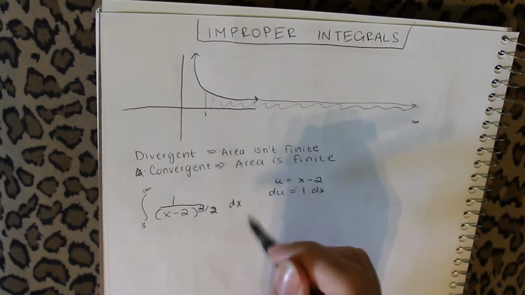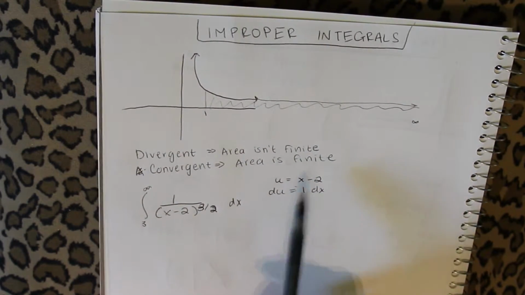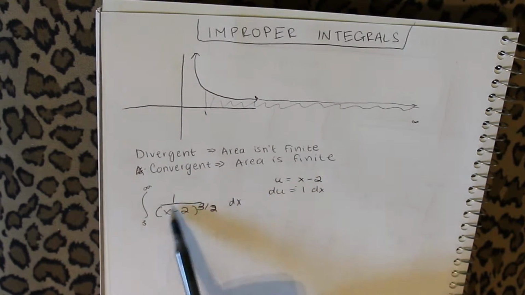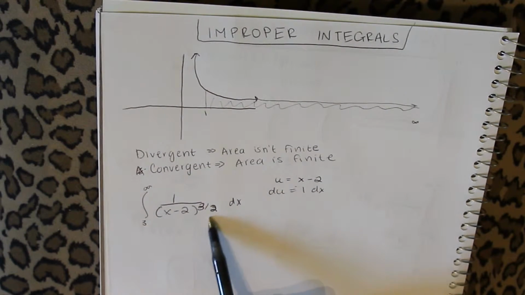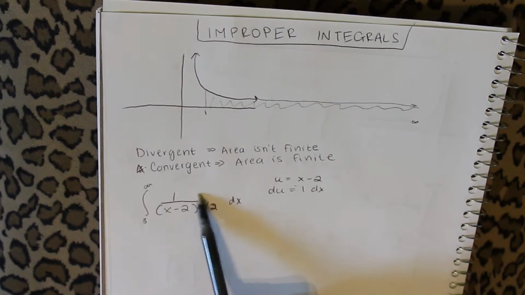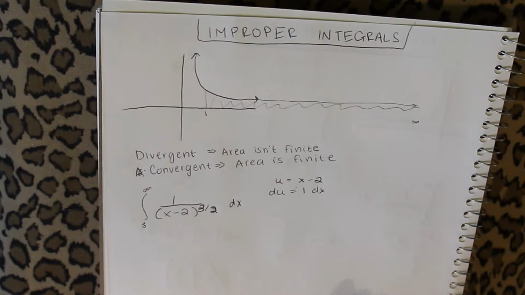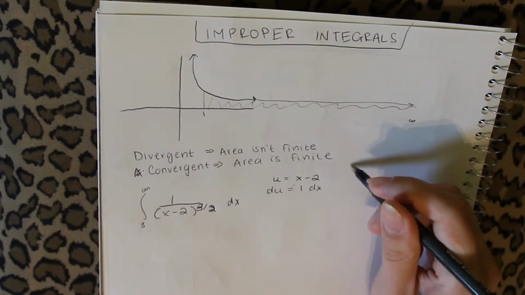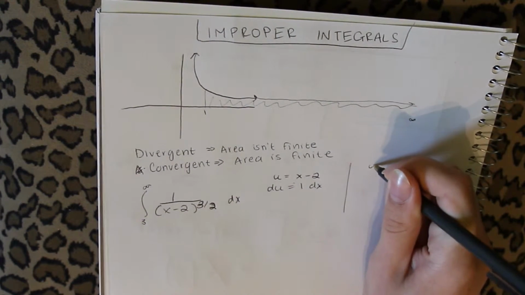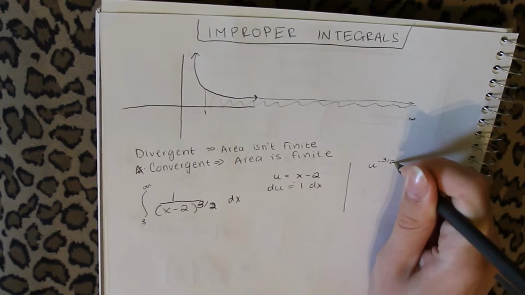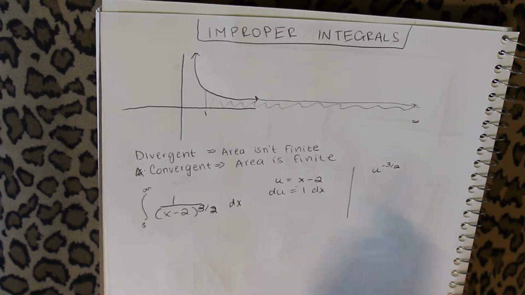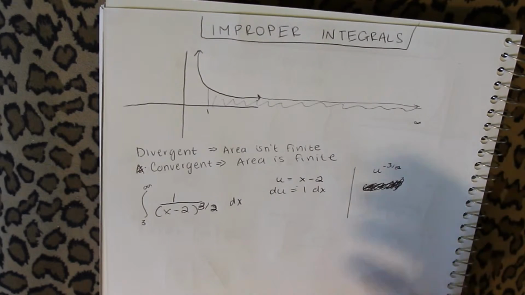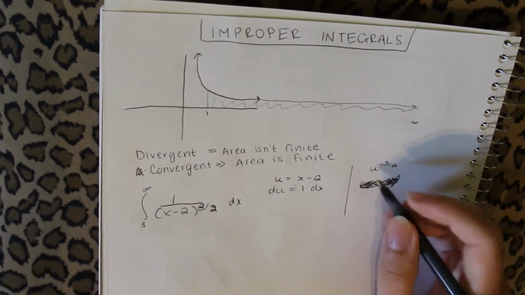So what's in here will end up turning into 1 over u to the 3 over 2, which is the same thing as u to the negative 3 over 2. And I'll just write that as a side note. It'll turn into u to the negative 3 over 2 when we do the substitution. We're going to integrate this first and then substitute in x instead of the u.